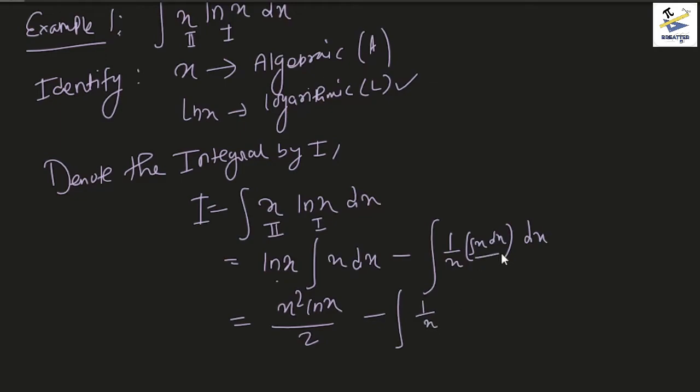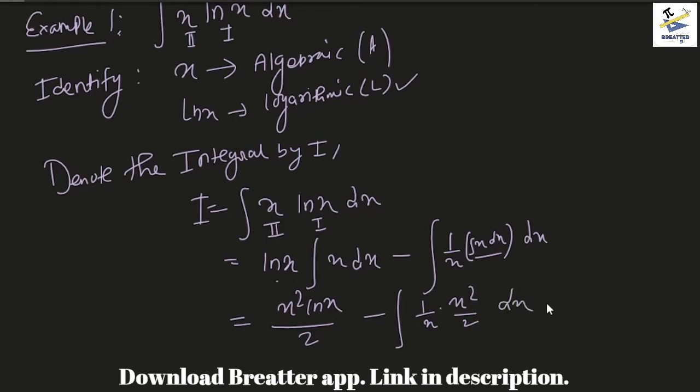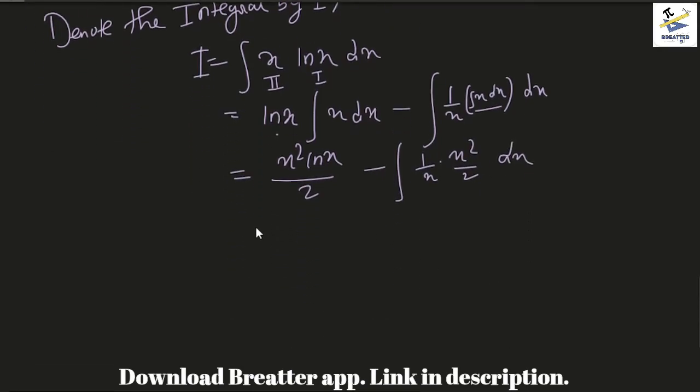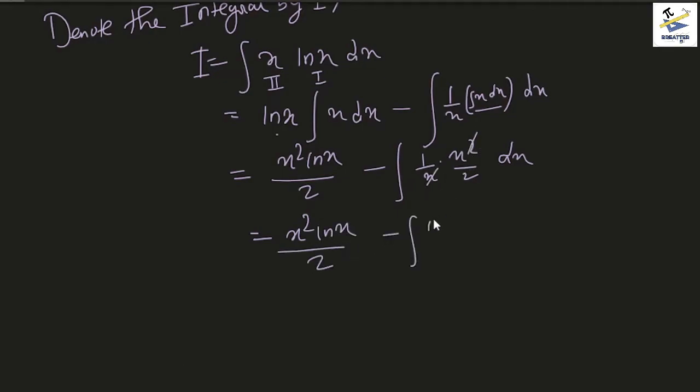In this inner integral you do not need to include the constant plus c, so we are basically trying to just find the integral and accept the constant. So 1 by x times x square by 2 dx, and as we can see, this becomes x square ln x by 2 minus the integral of x by 2 dx, since the x is cut off, which can also be evaluated: x square log x by 2 minus x square by 4.